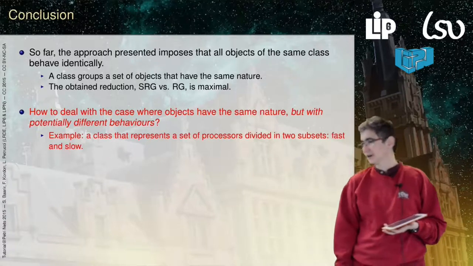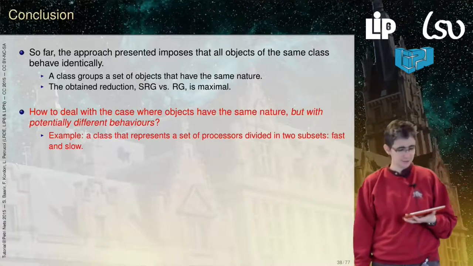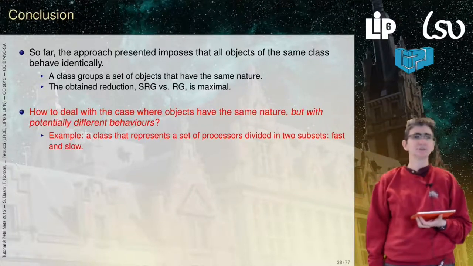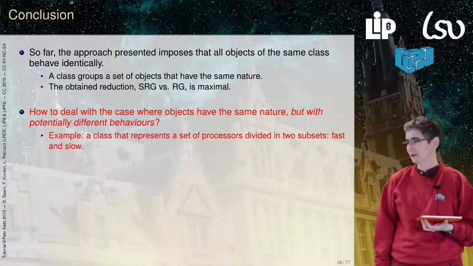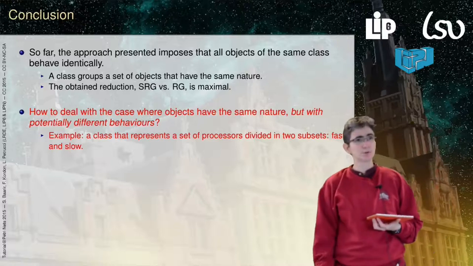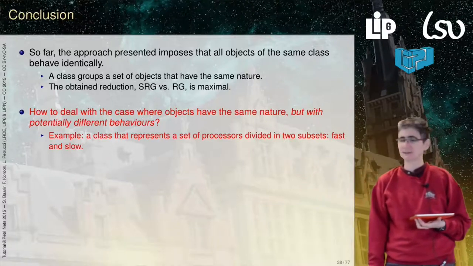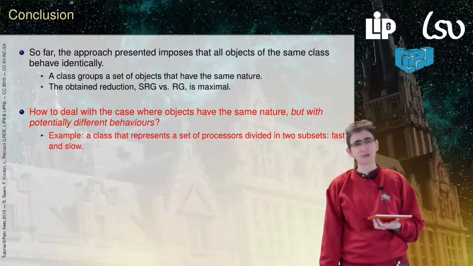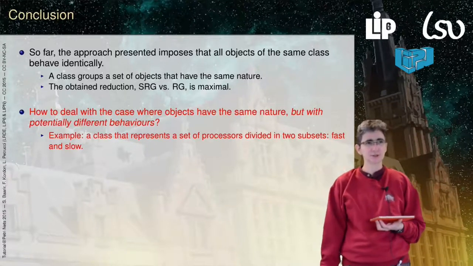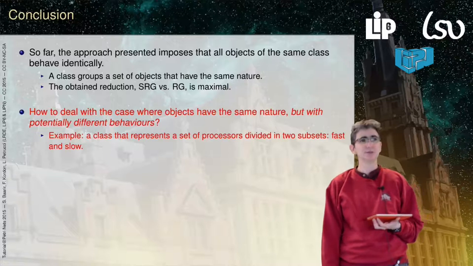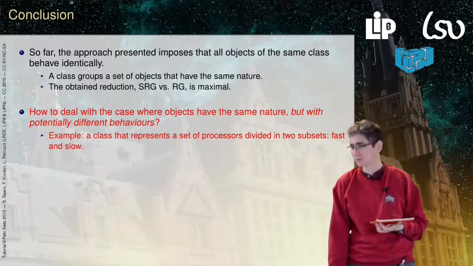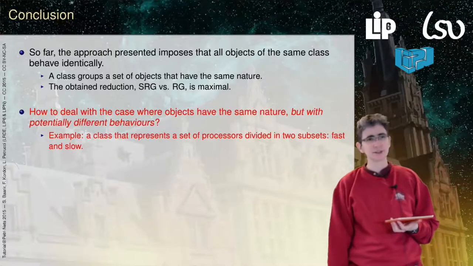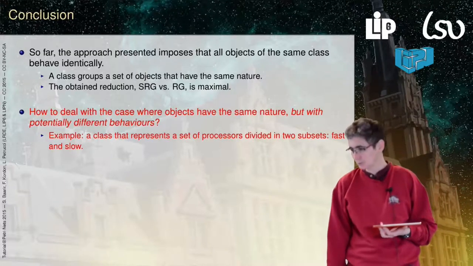So far, the approach that has been presented imposes that all objects of the same class behave identically. A class groups a set of objects that have exactly the same nature. The reachability graph obtained by reduction using these symbolic markings and symbolic firing rules is smaller, and the reduction that we obtain is maximal.